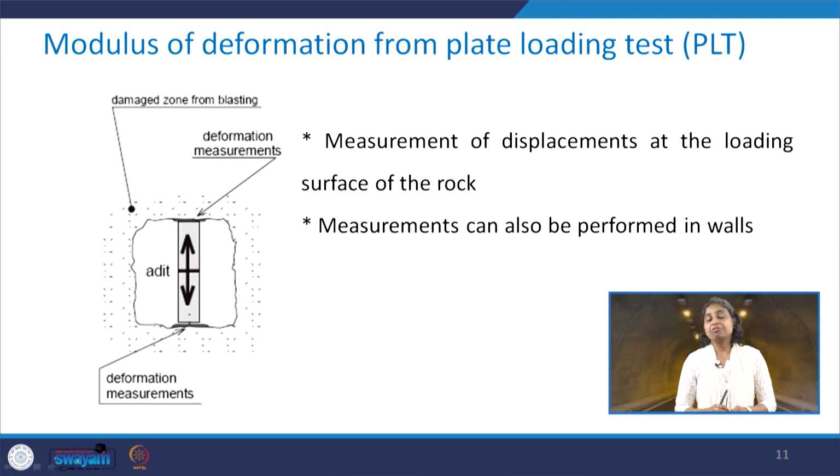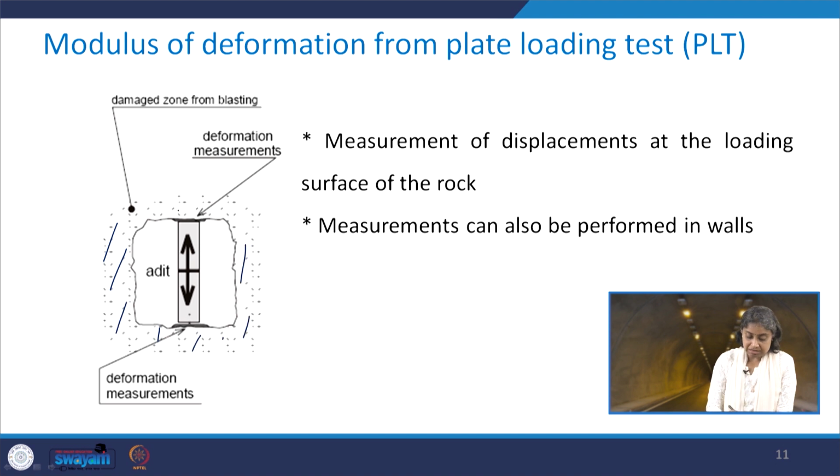Now, let us take the first in situ test for the determination of modulus of deformation. This is called the plate load test. Here what we do is, in the rock mass, we prepare an adit, and there we put the plates on both the ends, and then we apply the load onto these plates and measure the deformations.